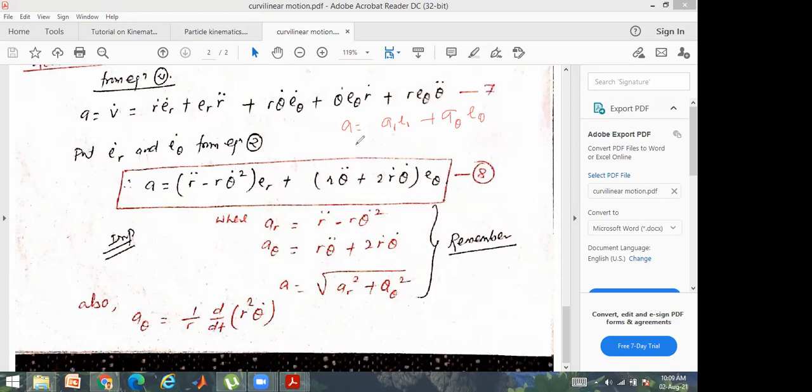So what is a_r भनेको r double dot, the second derivative of r, minus r theta dot square.